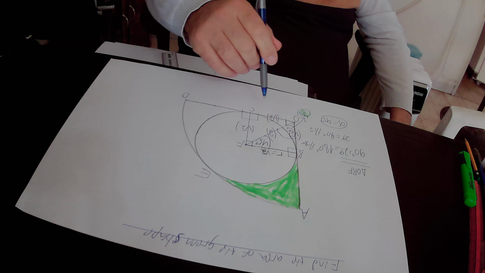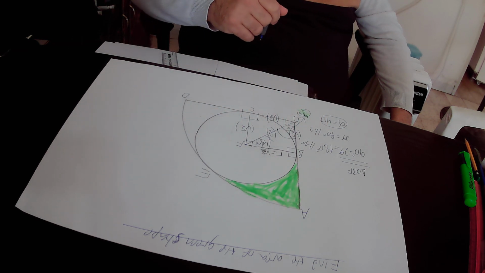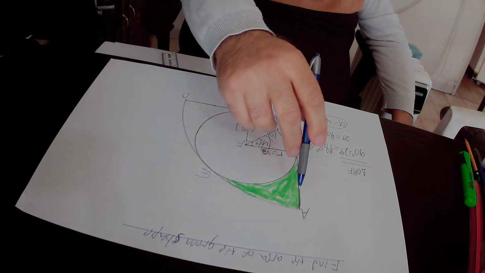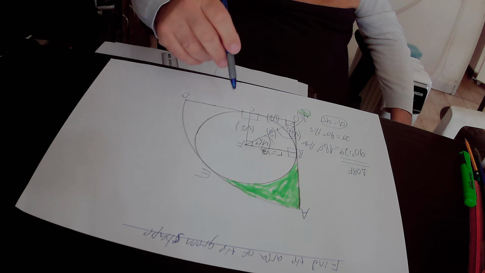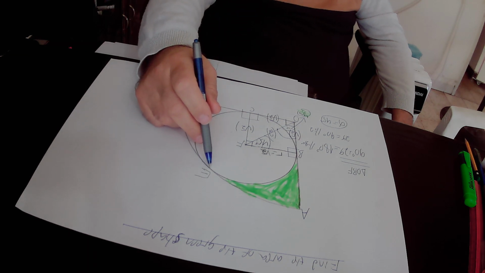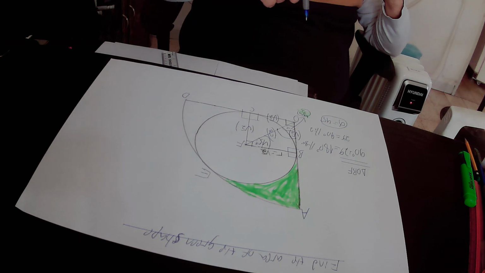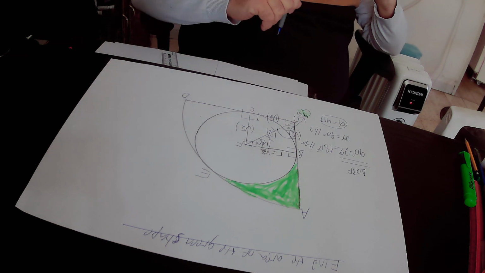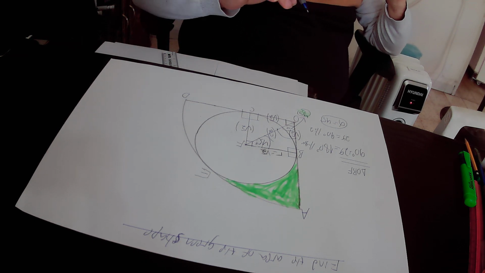Because the small circle is located inside the big quarter circle, and they are touching each other internally at this point E. Point E is their touching point. Therefore, we can implement here rule 9. Whenever you have an internal notch between two circles, you can implement rule 9.